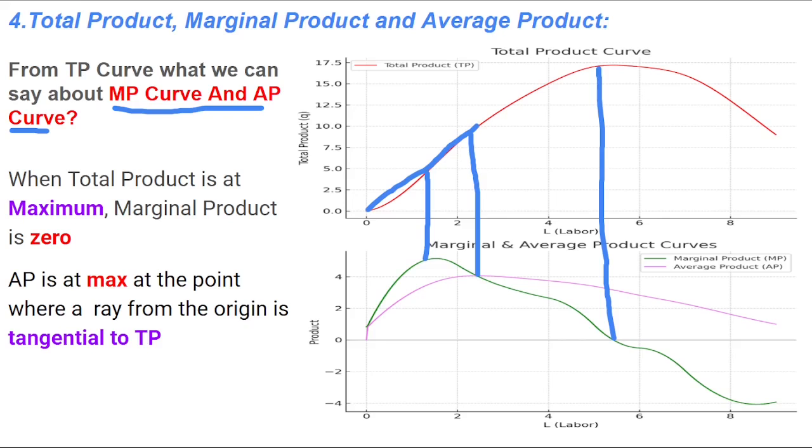And look, before AP max, our MP is greater than AP, and after the maximum point of AP, our AP is greater than MP.